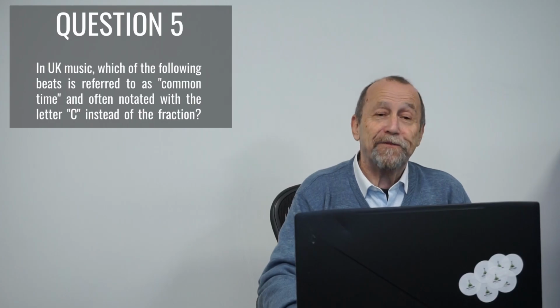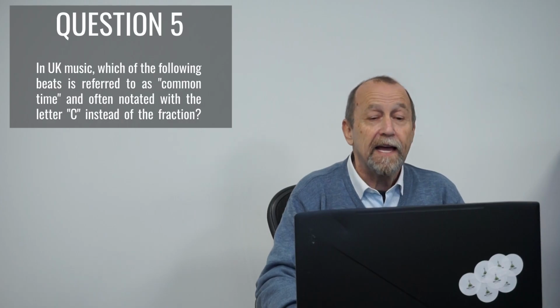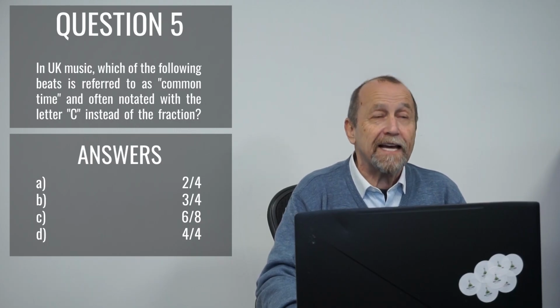Question 5. In UK music, which of the following beats is referred to as common time and often notated with the letter C instead of the fraction? The options are 2-4, 3-4, 6-8 or 4-4?